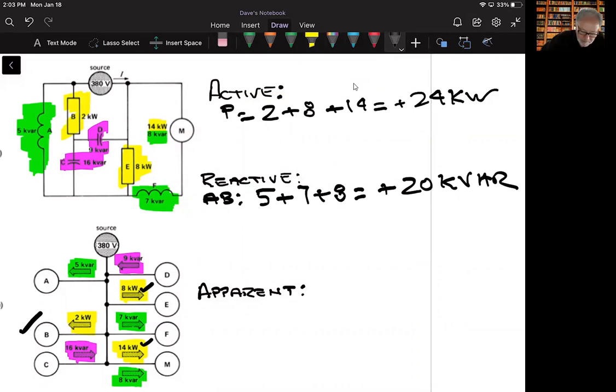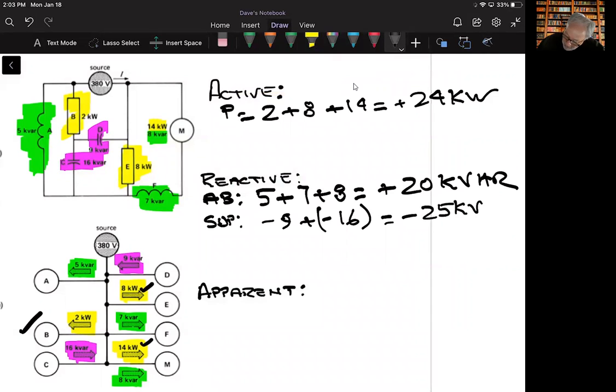The power supplied by the capacitors, the ones pointing in the opposite direction, I'll take that as supplied. That would be -9, since it's going in the opposite direction, plus -16, for a total of -25 kVAR. Then I want to determine my net reactive power.